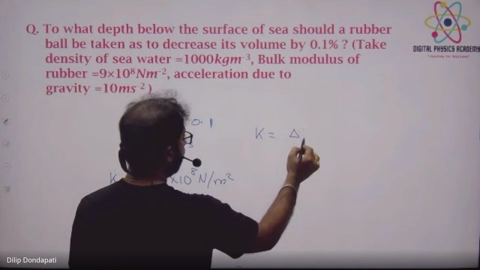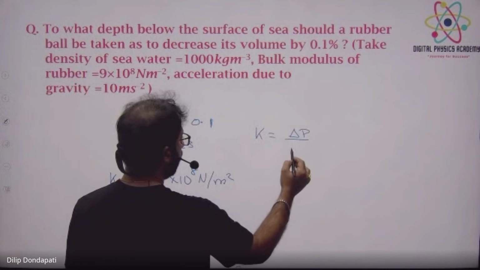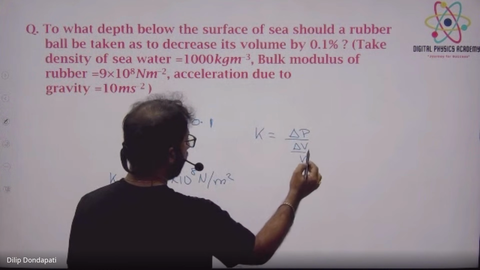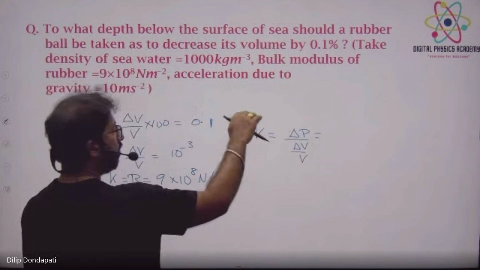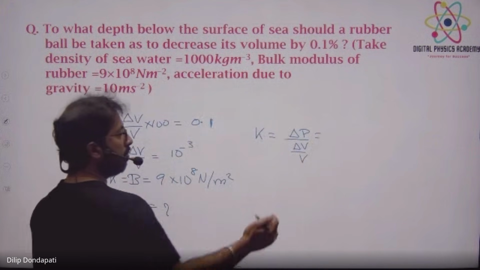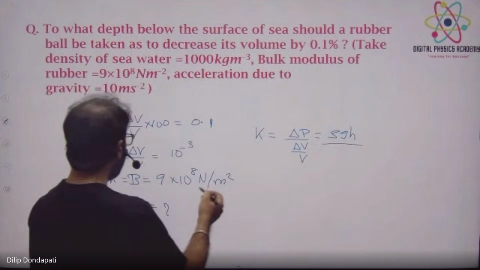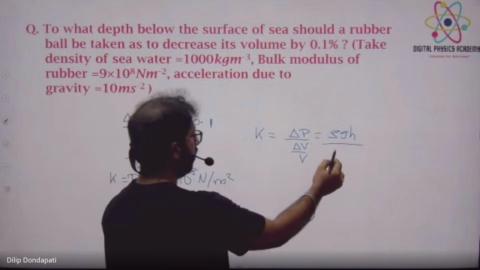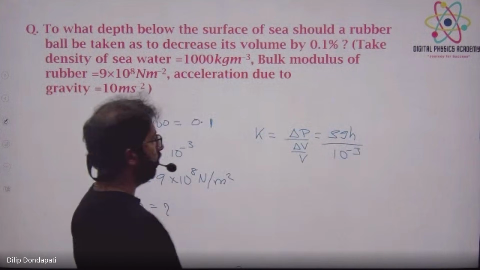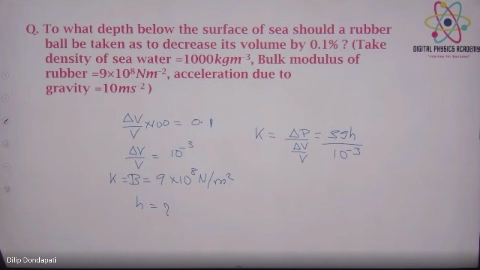Sir, is it 90? Yes, all that we can do. Delta P by delta V by V. So he compared with delta, as we go inside, my pressure will be rho gh, right? Pressure will be rho gh, by delta V by V is 10 to the minus 3. Rho is given, g is given, h is to be found.